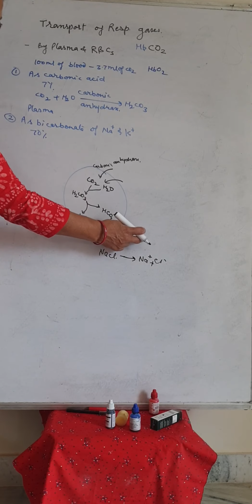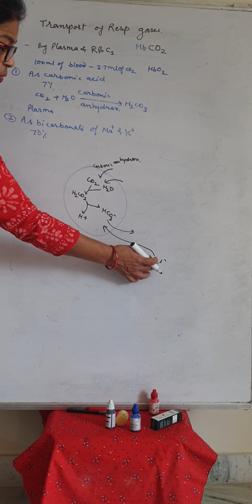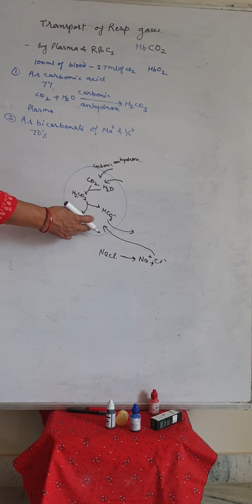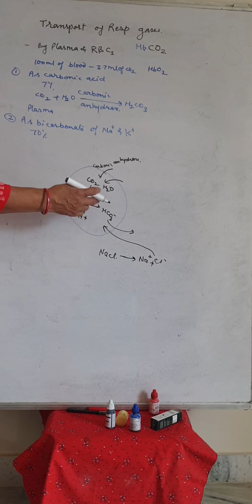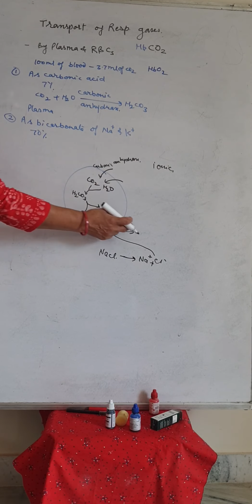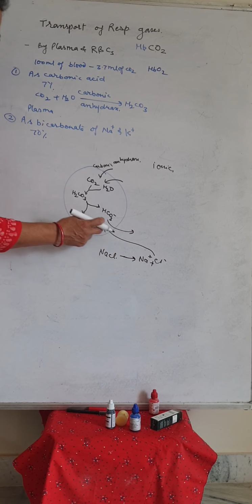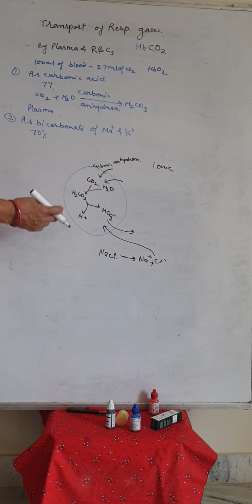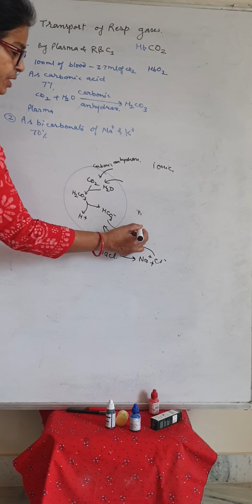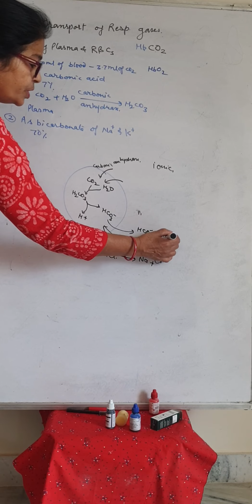To maintain the osmotic concentration and the ionic balance, as much bicarbonate ion diffuses out, that much chloride ion diffuses in.